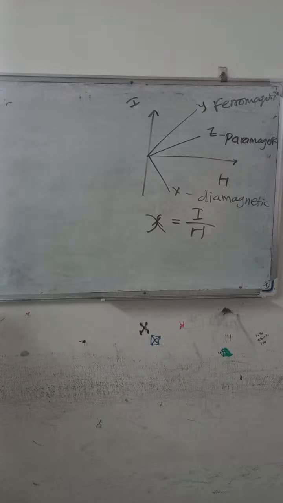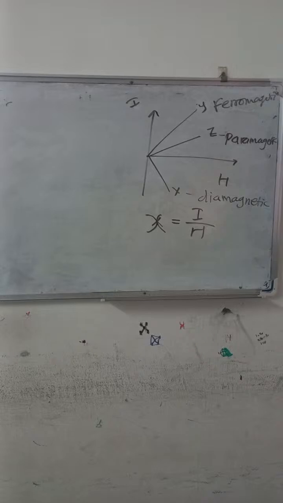So very important: the H versus I graph is given, which means this ratio gives the susceptibility. You should know that susceptibility for a diamagnetic material is always small but negative. For paramagnetic it is small but positive, and for ferromagnetic it is always positive and greater than 1. Then only you can identify. If this question is for 3 marks, they will give 1.5 marks for this correct identification, and the remaining half they are asking.